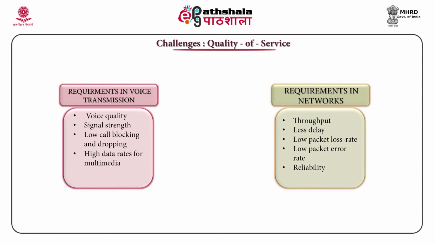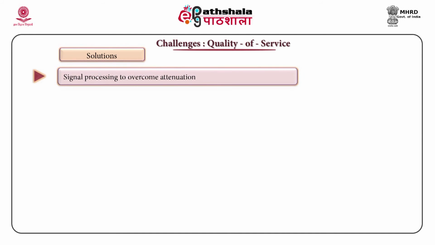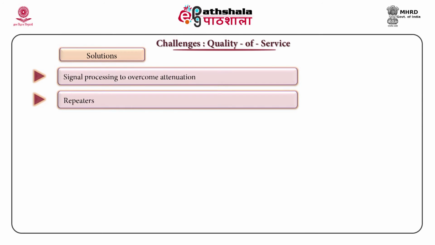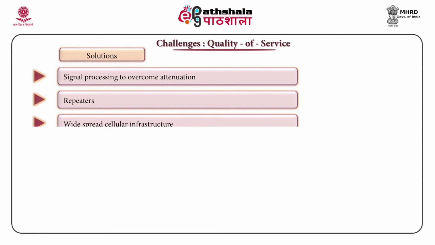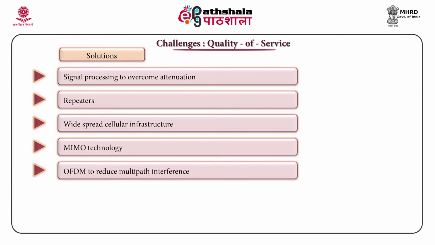The solutions to maintain the quality of service are signal processing techniques to overcome attenuation, installation of repeaters at regular intervals to maintain the quality of the signals, widespread cellular infrastructure, MIMO technology, that is multiple input, multiple output antennas, and OFDM, that is orthogonal frequency division multiplexing, to reduce multipath interference.